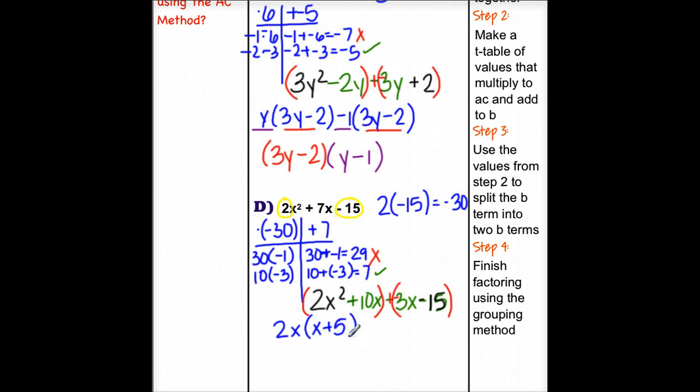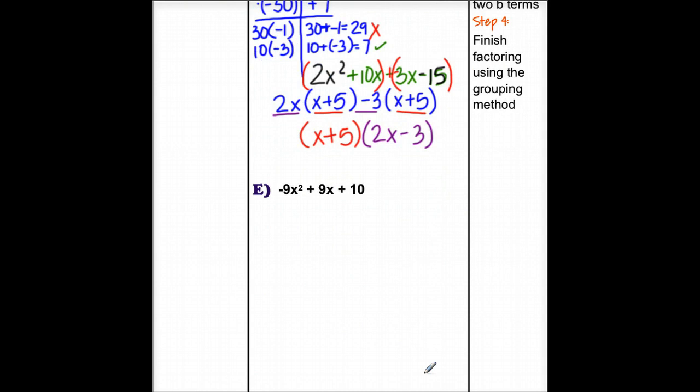And then in the other group, I have a negative 3 in common, which leaves me with x plus 5. So then I see that I have x plus 5 in common, which is my first binomial. And the other binomial is going to be 2x minus 3.